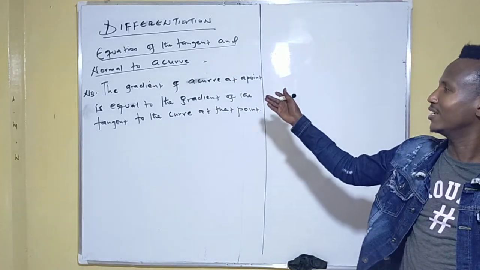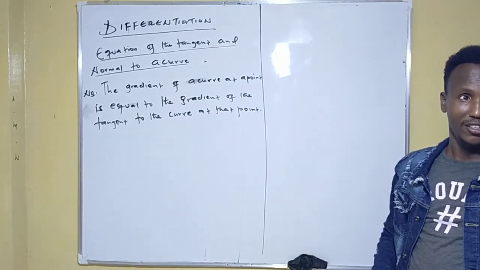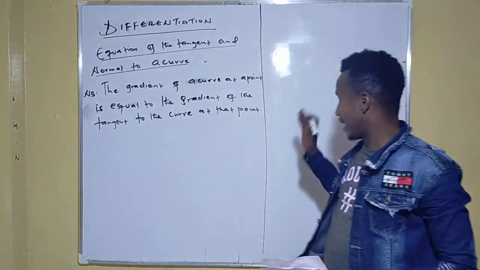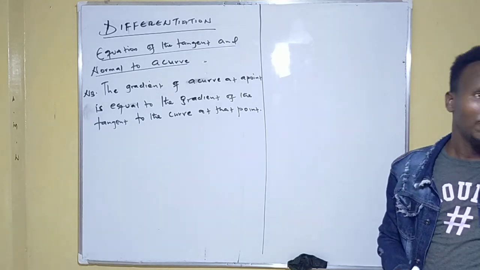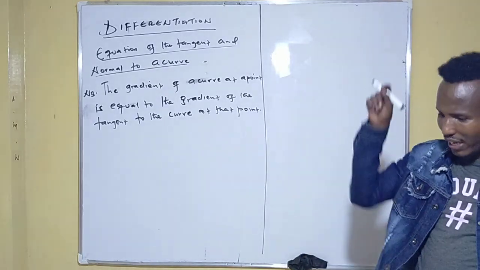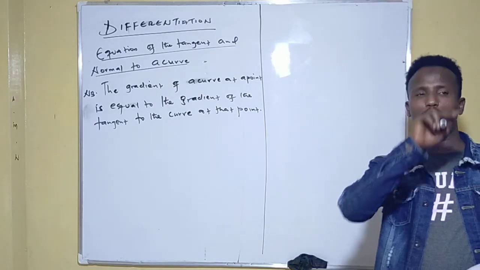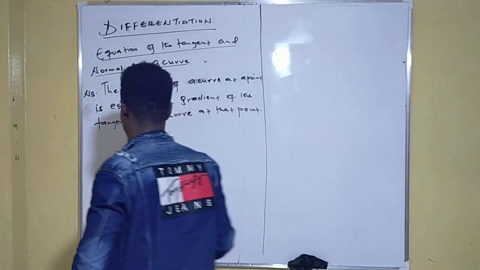We are not writing this on the whiteboard because of money, but for a reason. Because you are told the gradient of a curve at a point is equal to the gradient of the tangent to the curve at that point, that means the gradient of the curve and the gradient of the tangent are equal at the point of contact. Just understand that.